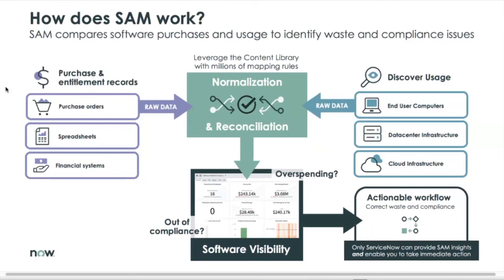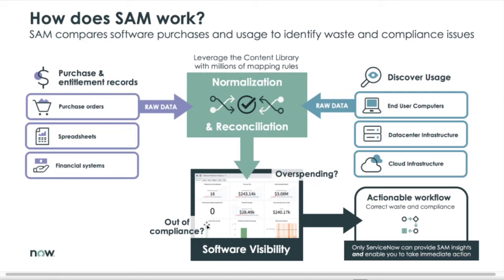So in summary, from a software asset management perspective, you have the ability to bring in all of your purchases, whether those are spreadsheets, or information from your financial systems. That's going to then be normalized against the thousands of software labels and software manufacturers in the content library, to confirm whether or not you're over or under spending, and whether or not you might be out of compliance.